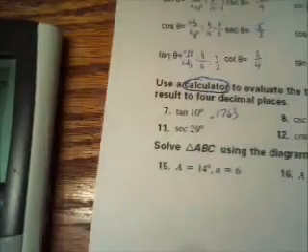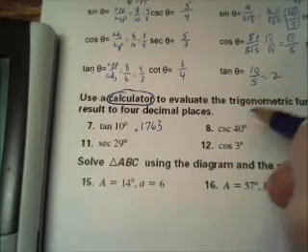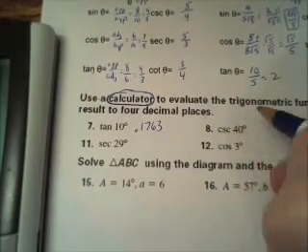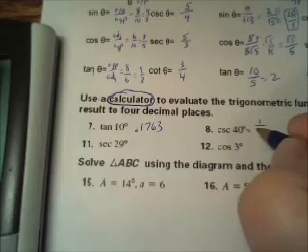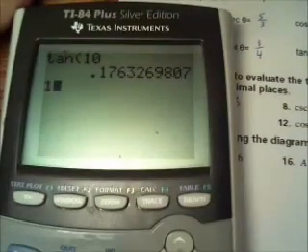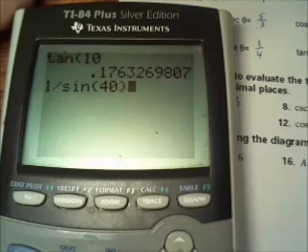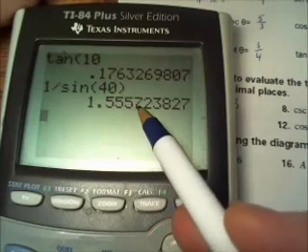Number 8 says the cosecant of 40. Well, cosecant is the reciprocal of the sine, so in our calculator we're going to do 1 divided by the sine of 40. That'll give us our cosecant, and it's 1.5557.